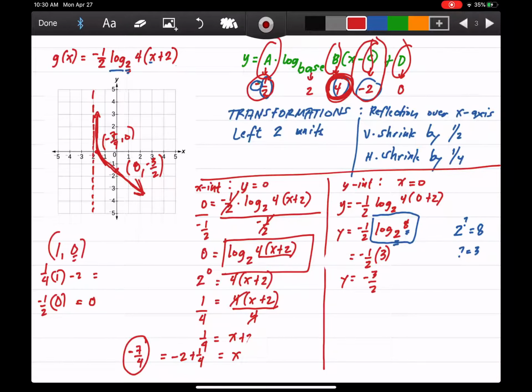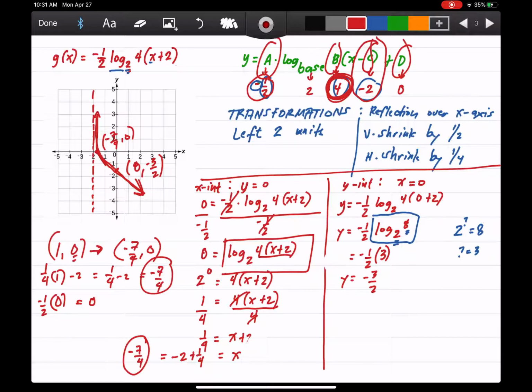So 1/4 times 1 is still 1/4, minus 2, and that's equal to negative 7 over 4. Oh, surprisingly, it's still the x-intercept. So the point 1, 0 goes to negative 7/4, 0, which happens to be your x-intercept.